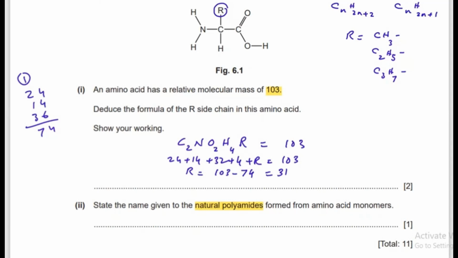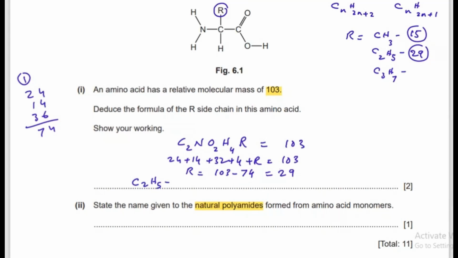This is methyl, and if you add the relative atomic masses, 12 plus 3 is 15, and C2H5 is 24 plus 5, 29. So if you have 29, this is the C2H5 ethyl group. So the ethyl group is there.